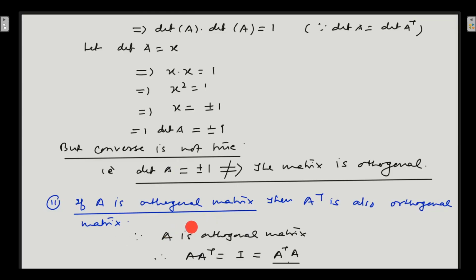Let us prove this. Suppose it is already given to us that A is an orthogonal matrix.